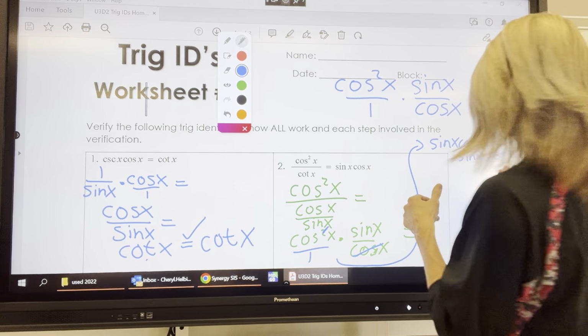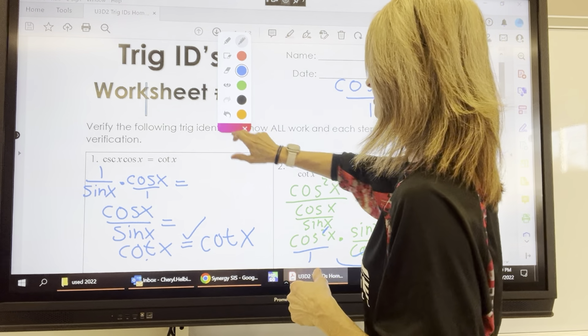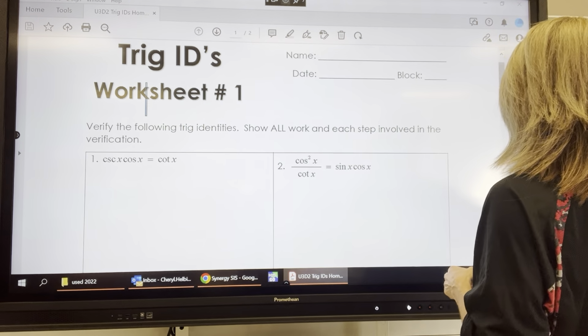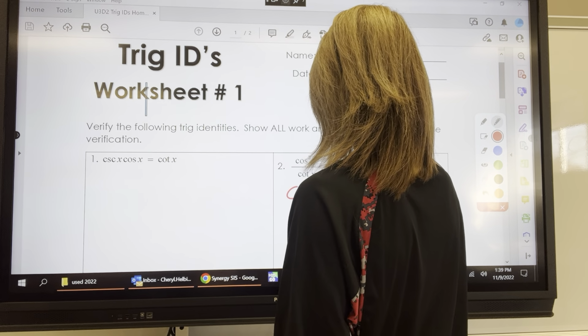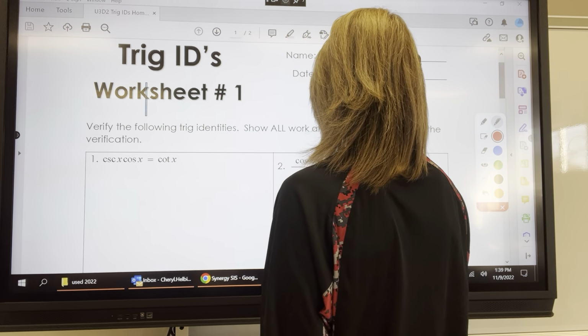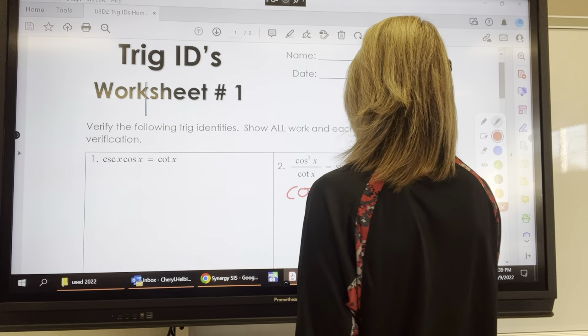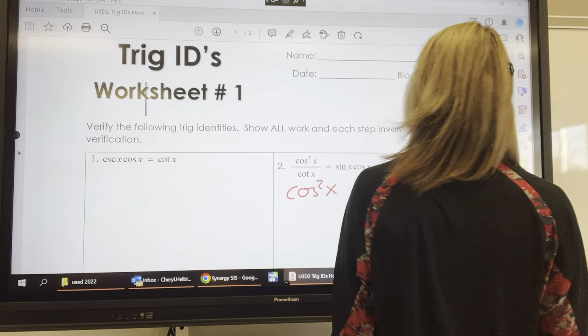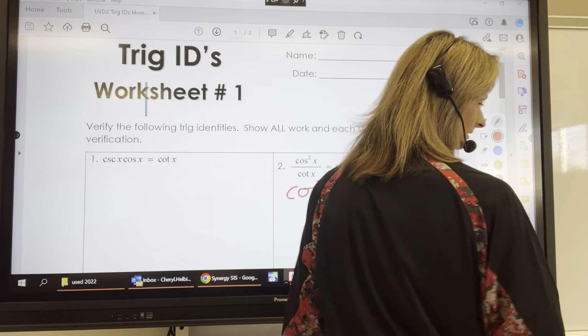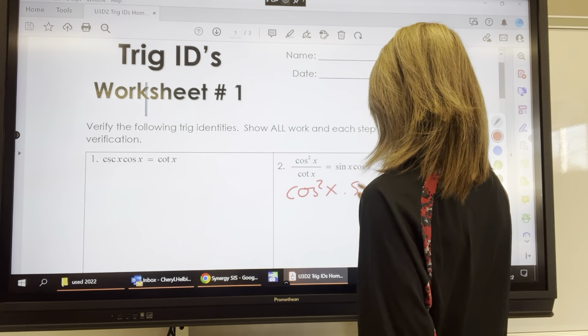I'm just kind of running out of room. I hope you guys have it written down. What did I have? I don't even remember what I had now. Cosine squared of x times, what was it? Sine over, it was sine over cosine.